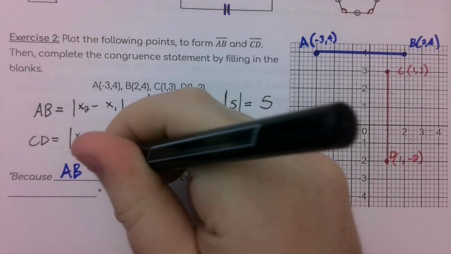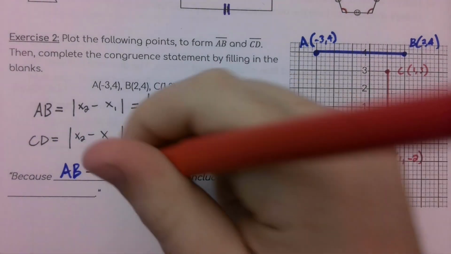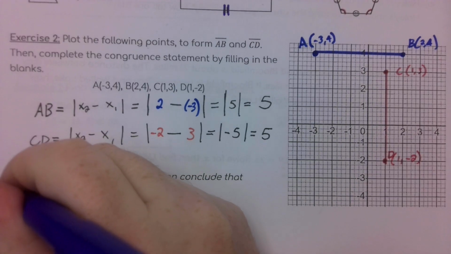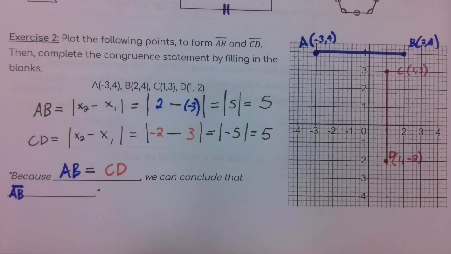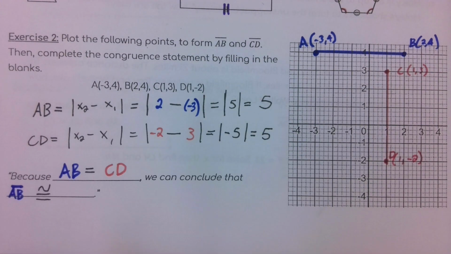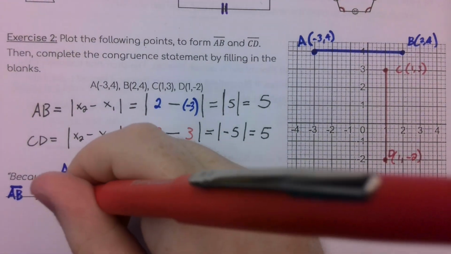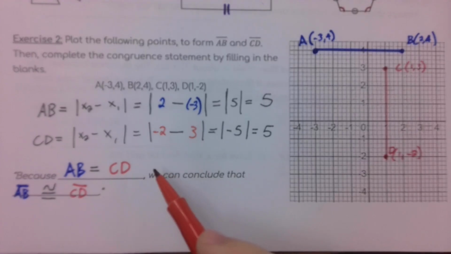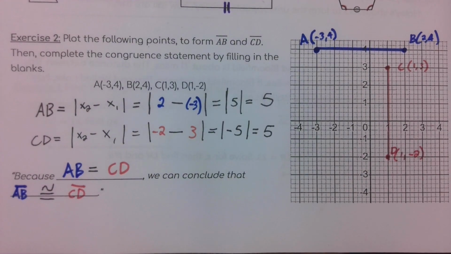Because AB equals CD in terms of their length, we can conclude that line segment AB, which we put the line segment symbol above, is congruent to line segment CD. Because their lengths are the same, the shapes are the same. Very nice.